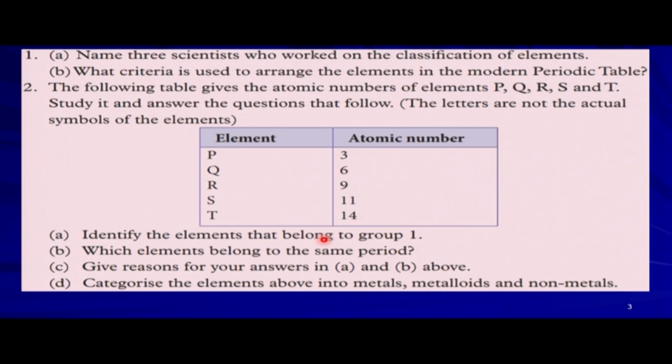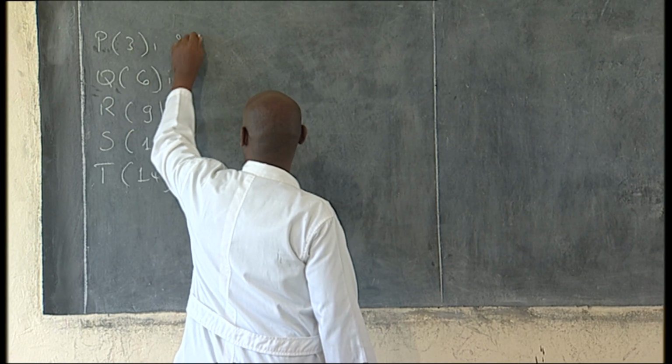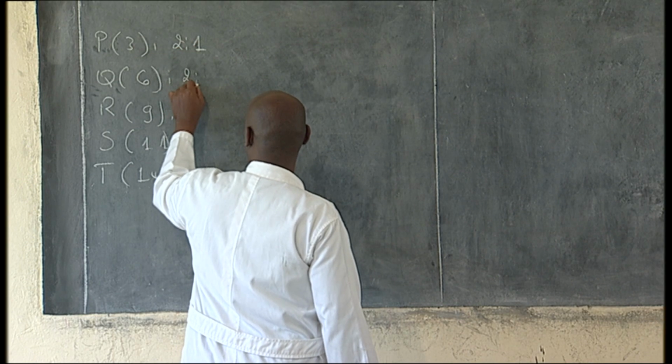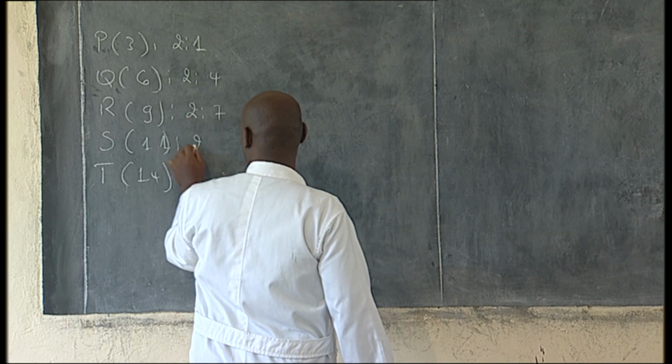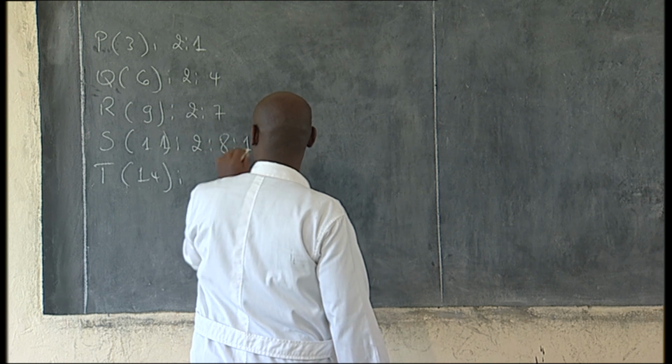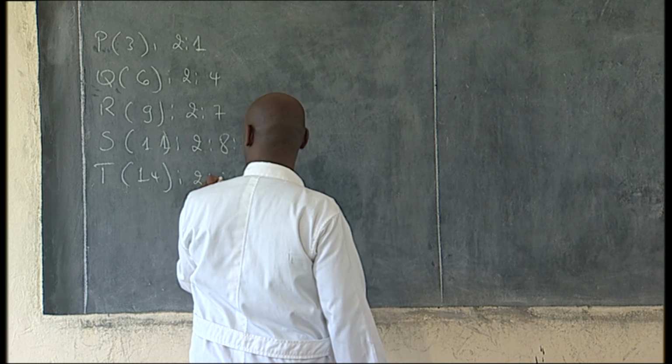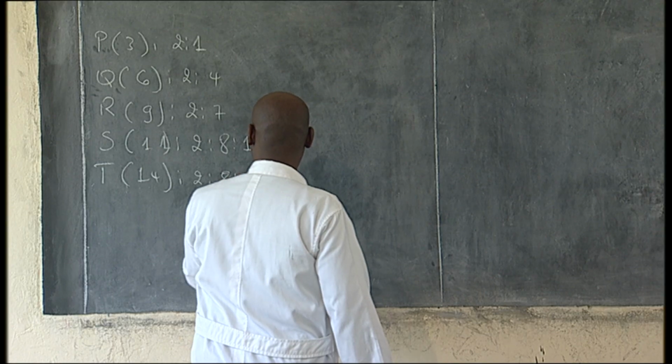So the electronic arrangement here is 2, 1; 2, 4; 2, 7; 2, 8, 1; and 2, 8, 4.